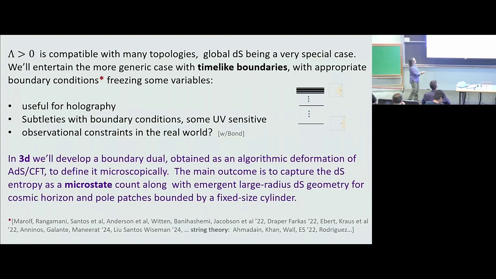The bounded cosmic horizon patch corresponds to a band of energies at the top of the spectrum. The bounded pole patch corresponds to the lowest state, has very little entropy, and we'll have, for very natural reasons, a finite spectrum that indeed captures the entropy of the cosmic horizon patch, while at the same time this theory has the correct emergent de Sitter geometry.